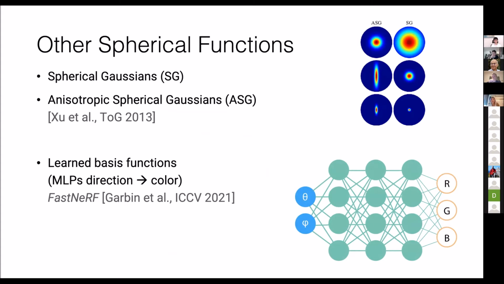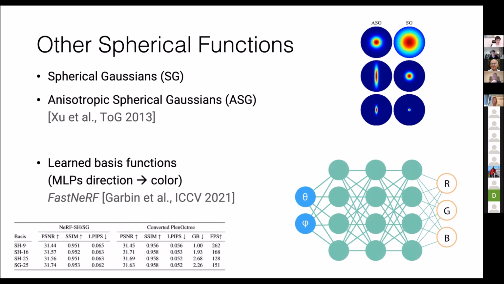The nice thing about spherical harmonics or the spherical Gaussian is that you're having a central global basis for all possible scenes. So you don't even have to cache these bases either. Anyway, these are just numbers showing that spherical harmonics and spherical Gaussians gave pretty similar results. And so for the rest of this talk, we're just going to go with spherical harmonics.